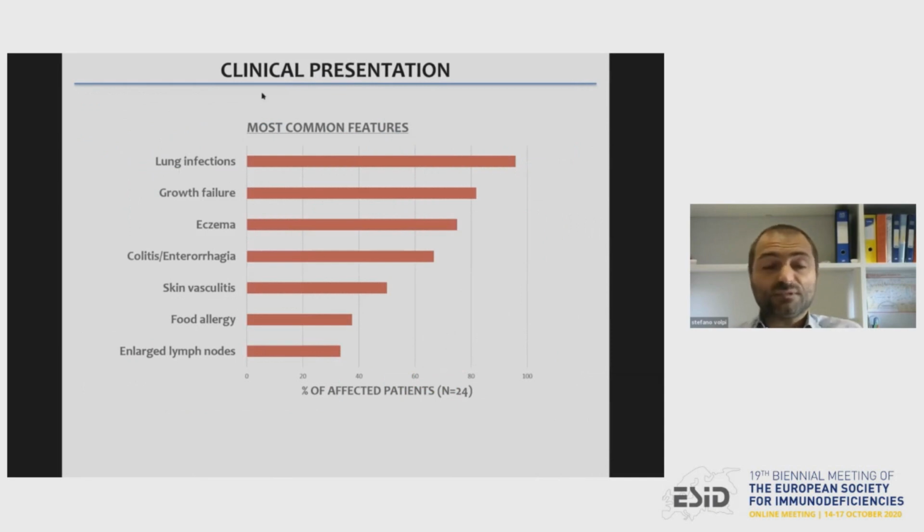So what is the clinical presentation of these patients? The first report that we did covered about 14 patients. This is data from 24 that I got from the literature, and all of them present infection, most of them lung infection. You see, this is 100% of the patients. Most of them also present growth failure. This is an interesting feature that I think deserves more study.